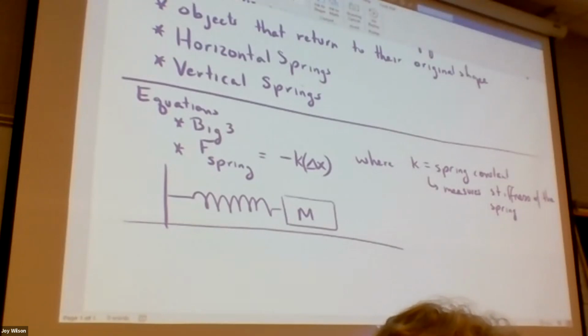And some of these words you've probably already heard, and some of them you may not have. Never know from year to year.